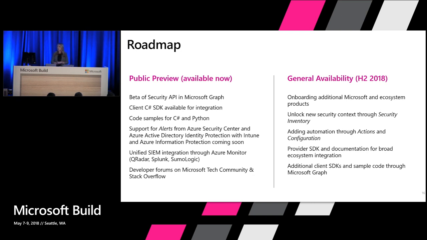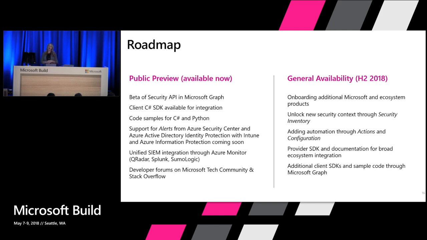And as part of that, we will onboard additional Microsoft security products as well as ecosystem partners. So the intent is to provide access to the full set of Microsoft security technologies. And so we're working with each of those services now to onboard them as providers to the Graph. Also with ecosystem partners, Palo Alto's, and a long list of others who will be onboarding as providers.